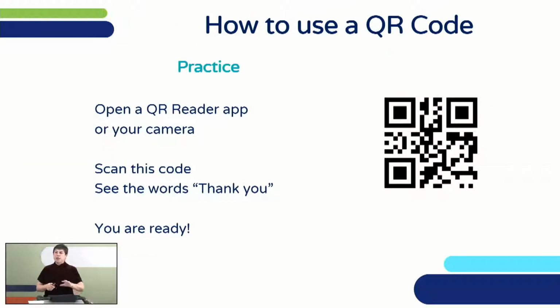So, have you seen a QR code before? If you have, or even if you haven't, take your phone, open up your QR reader or your camera, and focus on this square. If it works, you should see the words "thank you" pop up. And if they do, then you're ready.